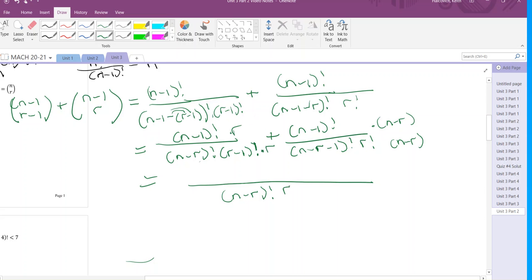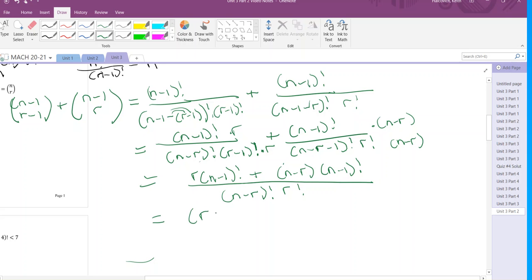So the common denominator is n minus r factorial, r factorial. So it's n minus 1 factorial times r plus n minus r times n minus 1 factorial. Now notice they share in the numerator an n minus 1 factorial, so then I can just factor.